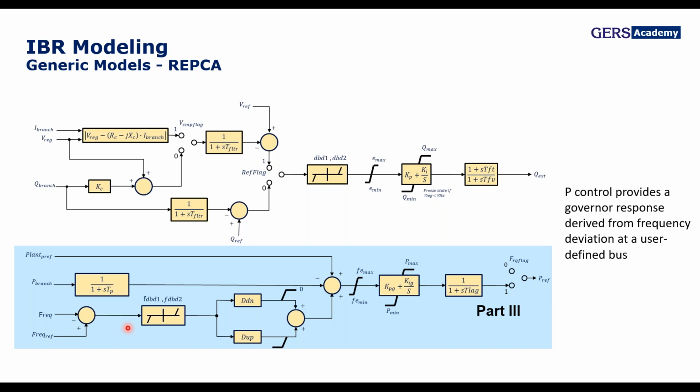What is important here is to take into account the deadband for that frequency, which depends on the transmission planner and the regulation, and the droop for high frequencies and droop for low frequencies. This droop usually has a value of 20 that represents 5%. Yes, the inverse of 20, so 5% regulation that is required in the US.